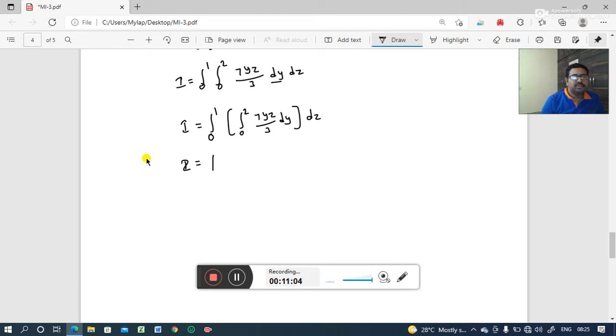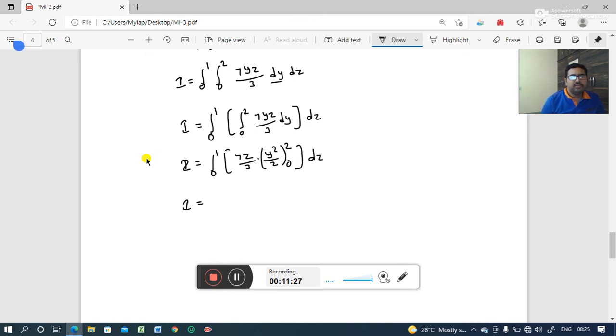Now, let us integrate with respect to y. Integral 0 to 1 with respect to y, 7z by 3 you treat as a constant. So, y integration gives y square by 2. So, y square by 2 with limits from 0 to 2 into dz.